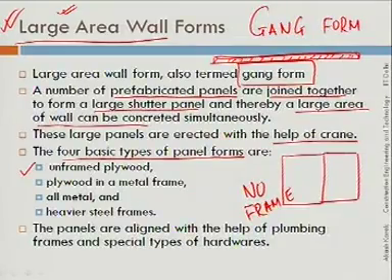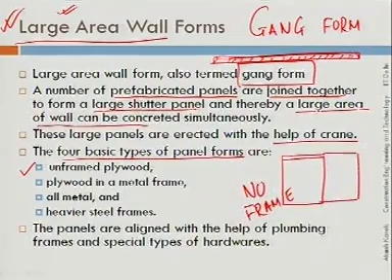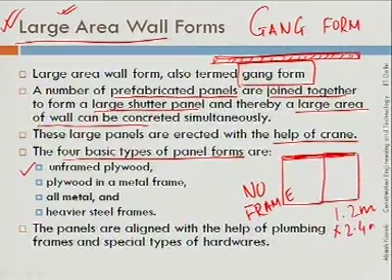Frame means at its back you have some supporting member. So, the supporting member is not there. You take plywood of 1.2 meter by 2.4 meter. That's it. So, we call them unframed plywood.